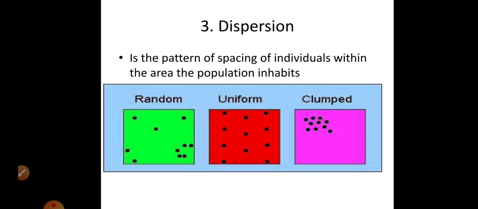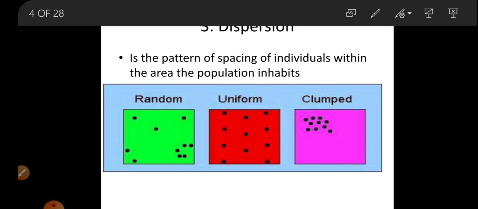The third one is the dispersion. Dispersion means how individuals are spreading in their population, in their area. We have three types of dispersion. First, we have random. Random means that they have no specific spaces, they are just found randomly in the population.